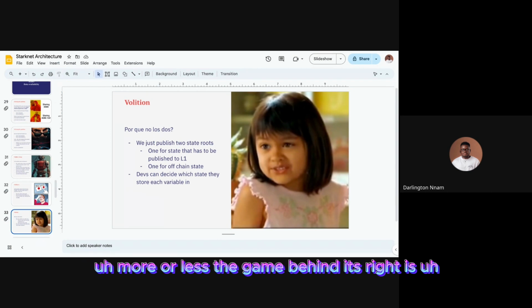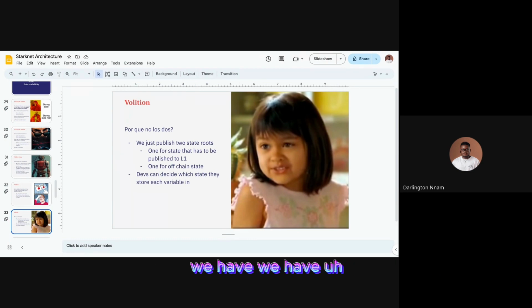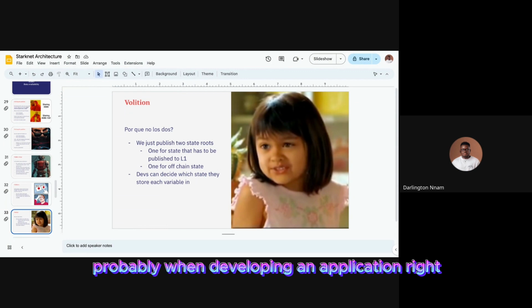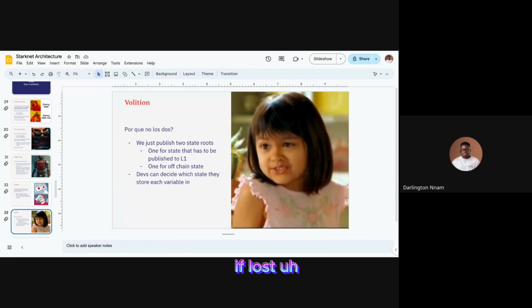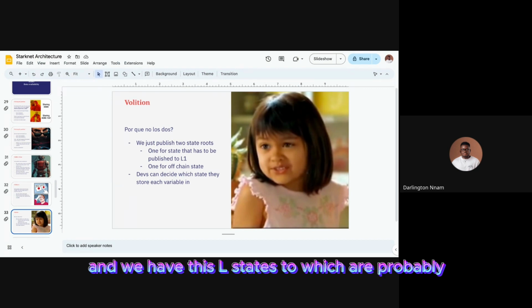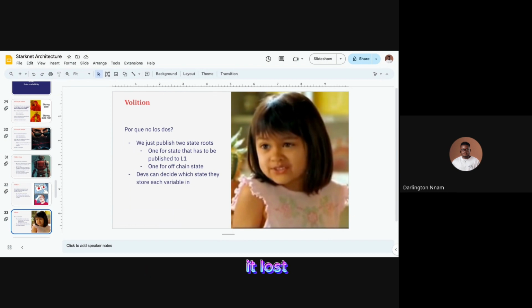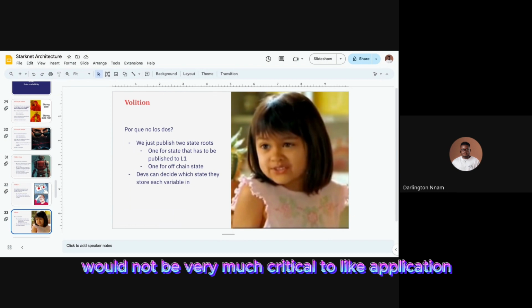The idea behind it is that when developing an application, you have certain states which, if lost, would be very critical to your application. Those kinds of states, you can decide to publish on chain. And we have those states which, if lost, would not be very critical to your application.